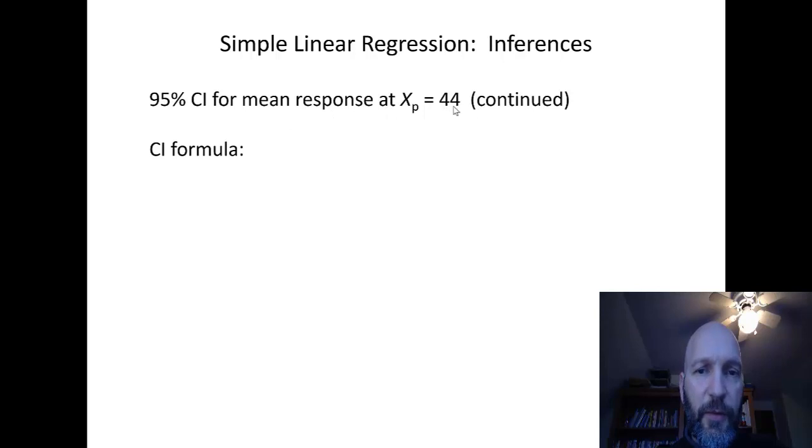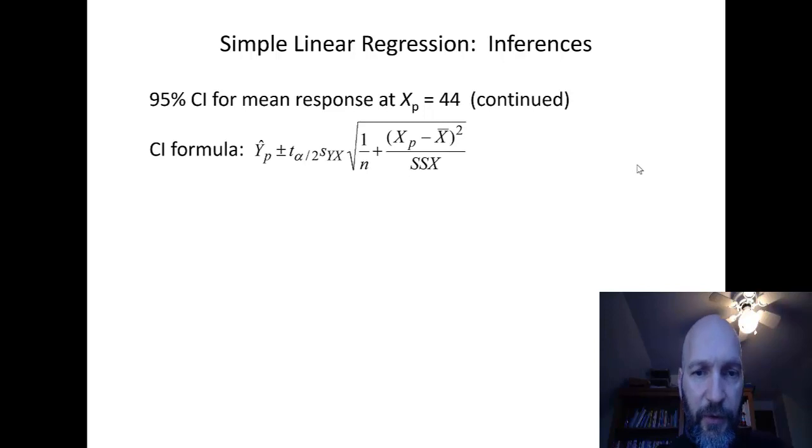So for all of the people that have an income of 44,000, we want a confidence interval for the average daily expenditures at Vail Resorts. And there's a formula for this. It's kind of a mess, but it starts with the point estimator that we just came up with, and then we're going to add and subtract, just like the other confidence intervals we've done, t times the standard deviation of the point estimator.